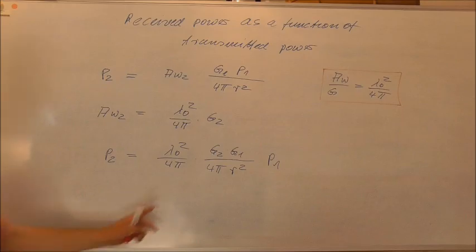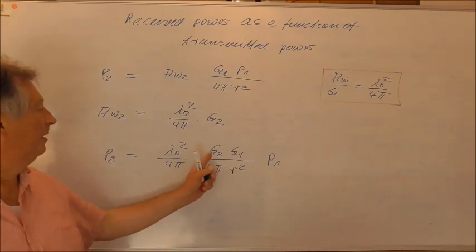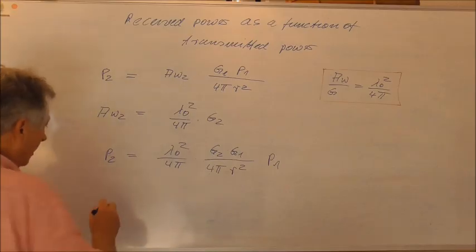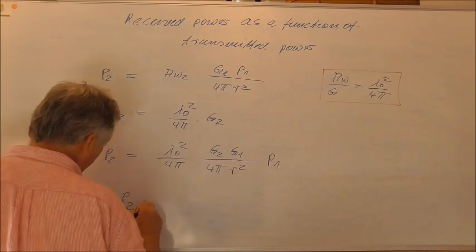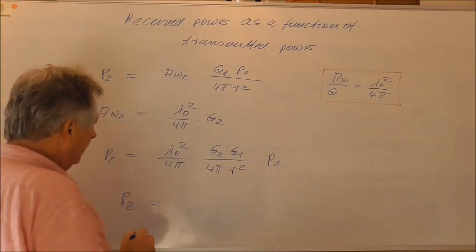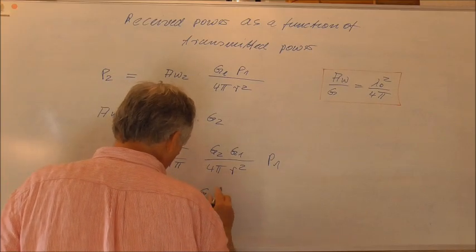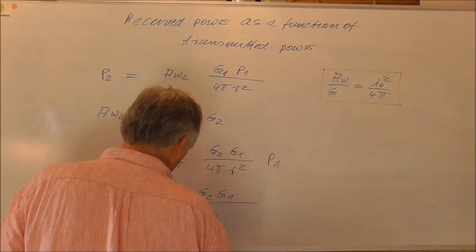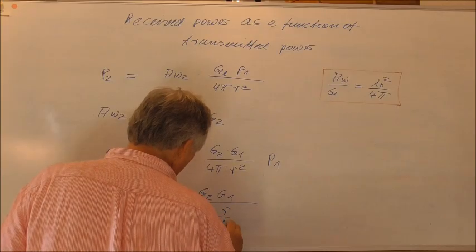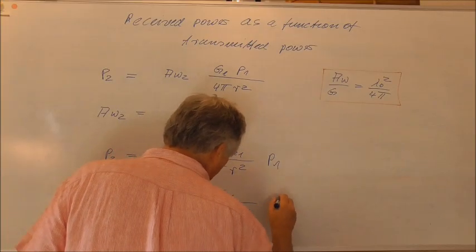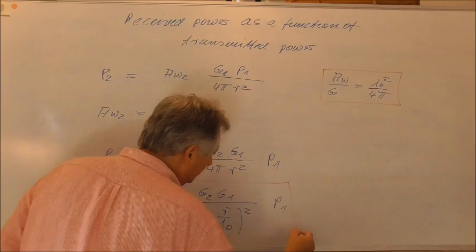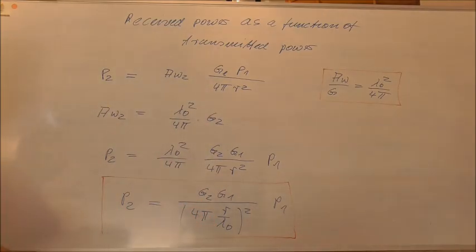Now we only use the gain of the receiving antenna and the gain of the transmitting antenna to calculate the received power, and P2, the received power, will be given by G2 times G1 divided by (4 pi r over lambda naught) squared times P1.